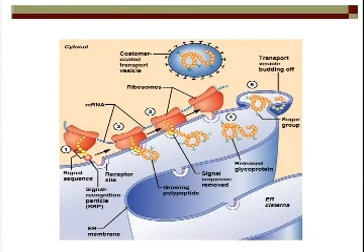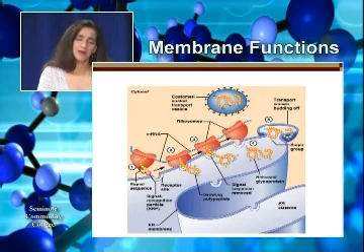The smooth ER does not have the ribosomes and it appears with this softened appearance. The membrane of our endoplasmic reticulum is called the cisternae. The cisternae is where these membrane proteins are produced.